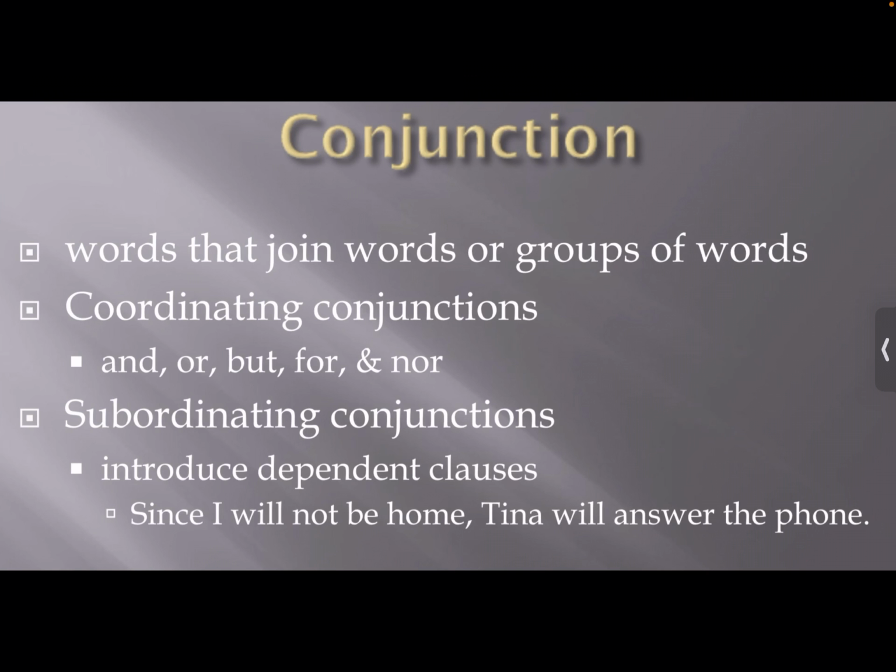And there are 7 of them, and they're easy to remember if you can just think of the word fanboys. Fanboys is an abbreviation. For explains reason or purpose. And adds one thing to another. Nor is used to present an alternative negative idea to an already stated negative idea.